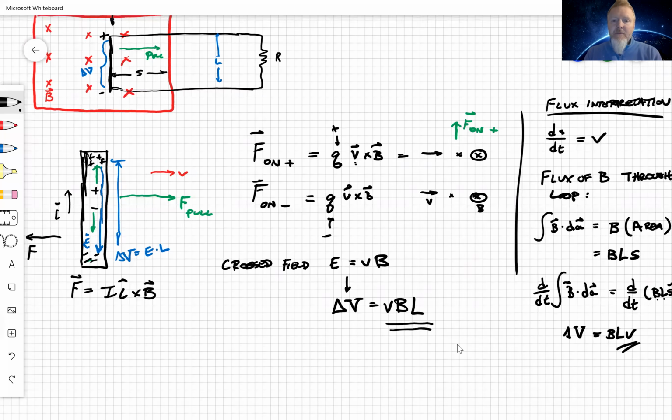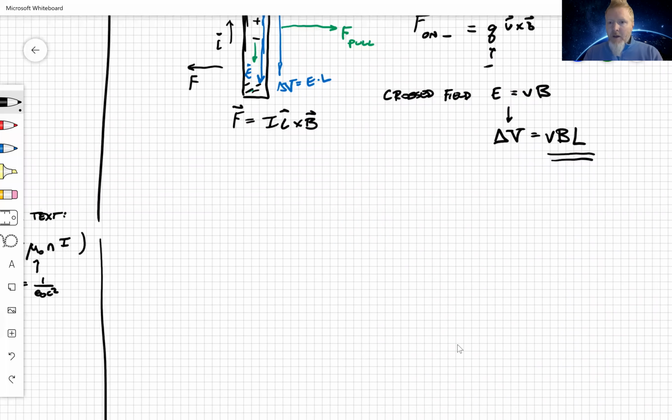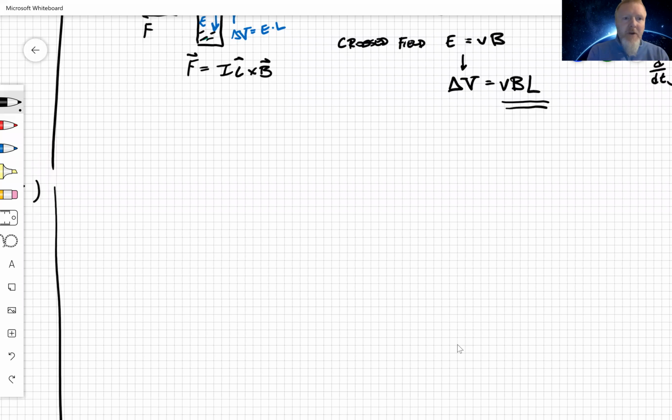All right, and Faraday's law, if we go back to day one, I think it was day one. I like to do this stuff on day one, so probably did. It's taken us this long to get to Faraday's law.